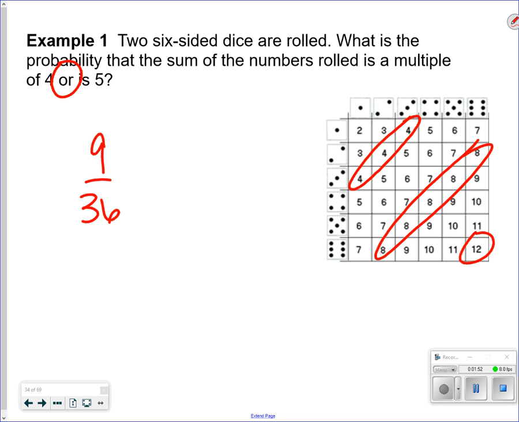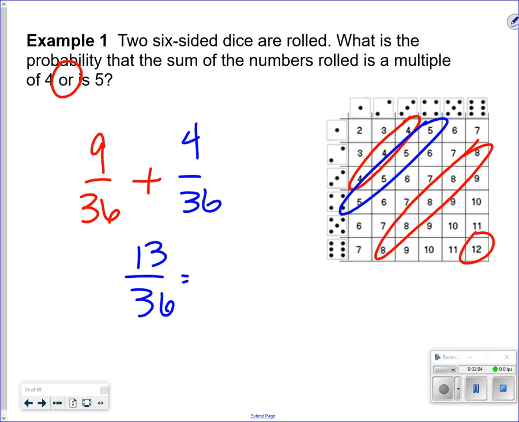Remember, we're using the word or, so we're going to add, and now we have the probability that you're actually going to get a 5. I'll circle it, there are 4 ways of getting a 5. And so 13 out of 36, that does not reduce. So 13 out of 36 is the probability that you'll get a multiple of 4 or a 5.